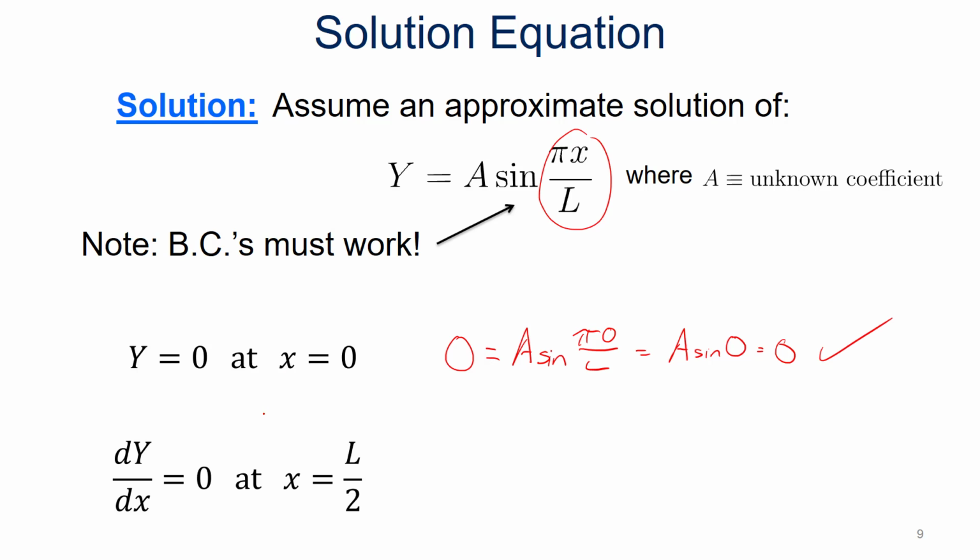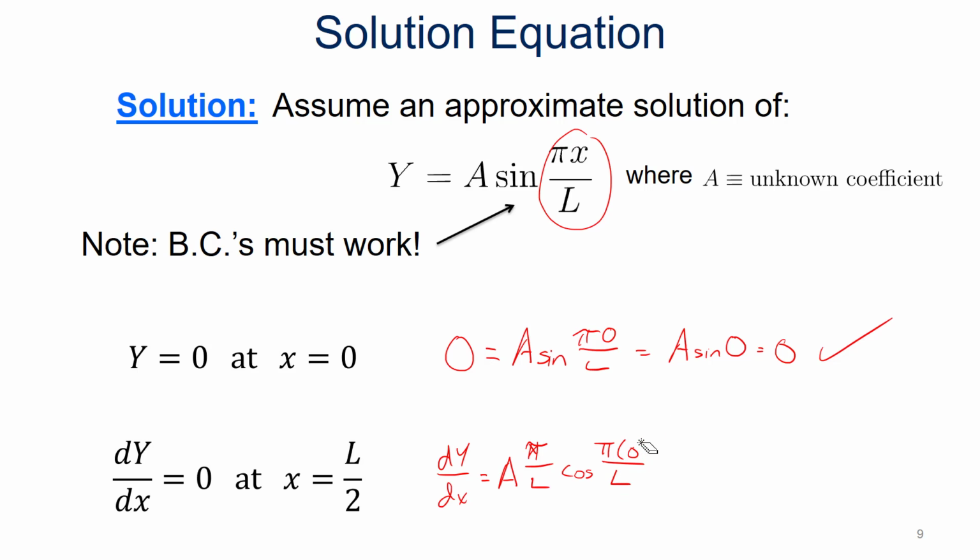The other one is the slope is 0 when x is equal to L over 2. All right, so we're going to take the first derivative here. So dy/dx is equal to a. Now we're going to pull out the pi over L, and that'll be cosine pi x over L. Oh, I'm sorry, x is not 0.